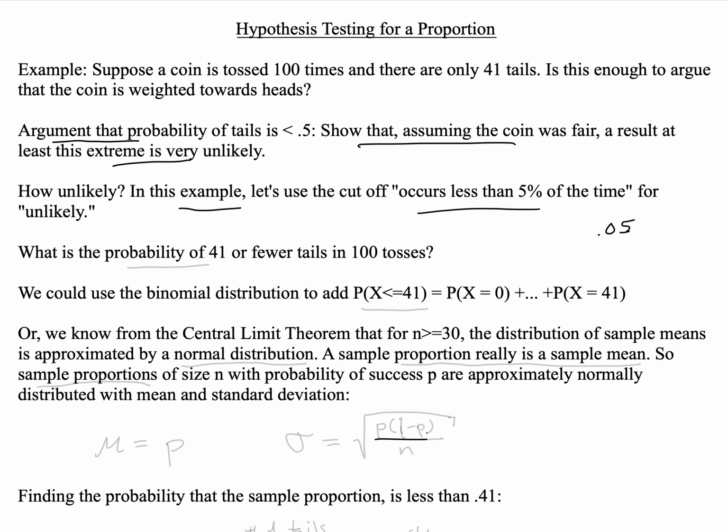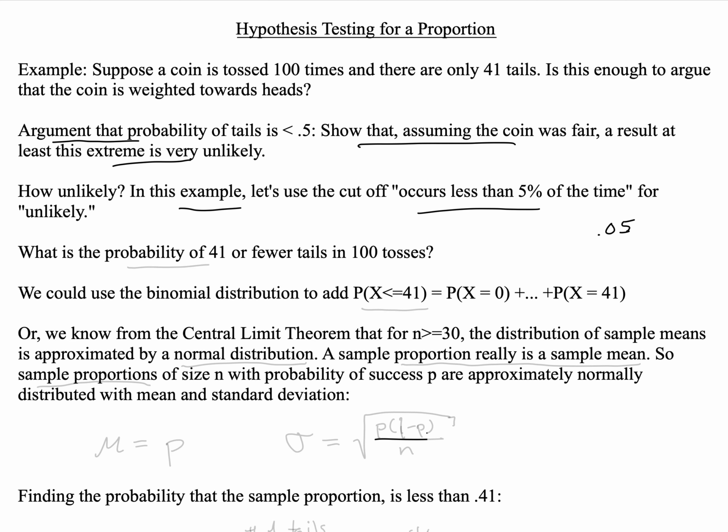It's unfairly weighted towards heads. And if the probability of a result at least this extreme is not less than 0.05, then we do not have enough evidence to say that this coin is weighted towards heads. We do not have enough evidence to say that this coin is unfair.